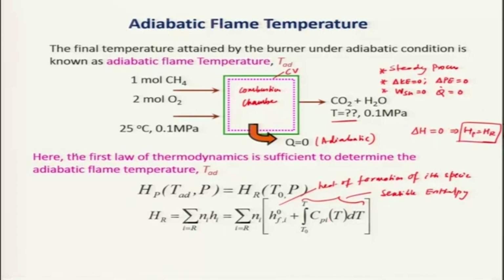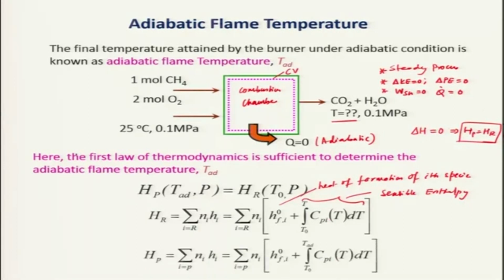Similarly, Hp is equal to the summation of Ni Hi for i equal to 1 to the products, and this has both the heat of formation and the sensible enthalpy components. We will use this in the equation Hp equal to Hr, and then we will find out the adiabatic temperature.